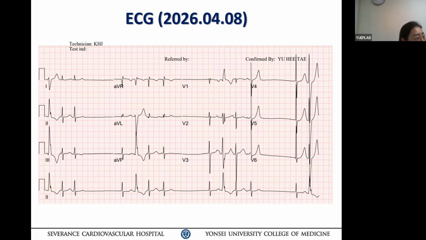Okay, then which bundle branch is blocked here? RBBB and the left posterior fascicular block pattern. So which bundle branch?